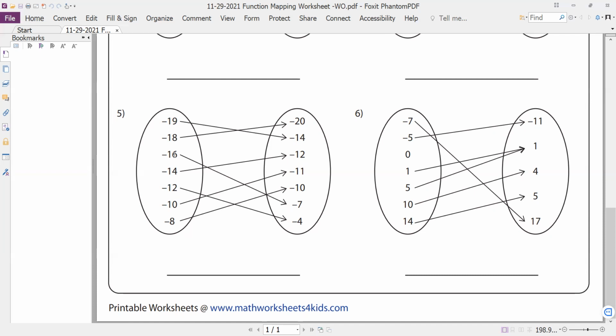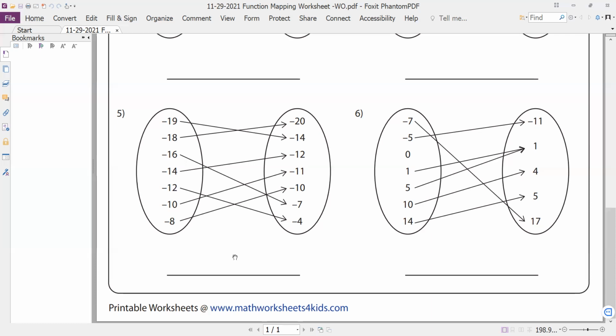You don't see any number here mapping to 2 different numbers on the right, right? 16 only to 7, 14 only to -12, -12 only to -4, 10, -10 only to -11, and -8 only to -10. So number 5 is yes, it is a function. It's only a one-to-one input to output.